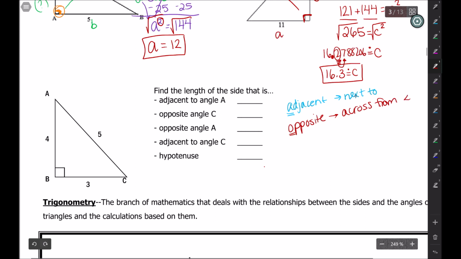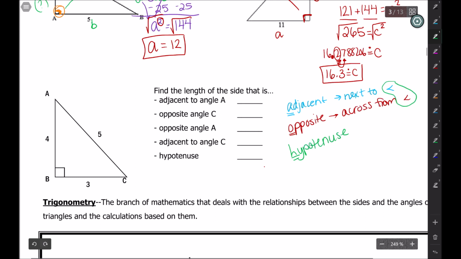When we say adjacent, we're saying adjacent to the angle. And then the last one is the hypotenuse, which we already talked about at the beginning of this video. The hypotenuse is across from the right angle. These ones are not the right angles.